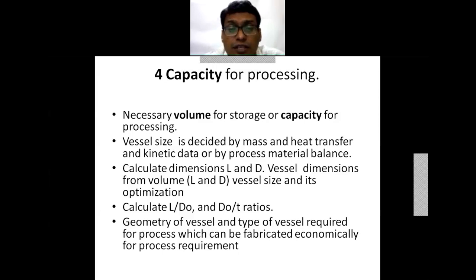Then they calculate the length L by DO, and the DO by T is your thickness ratio. You require certain thickness, based on that you define certain parameters. Then the geometry of a vessel and the type of vessel required for the process which can be fabricated economically for that process requirement. So fabrication details are also needed.